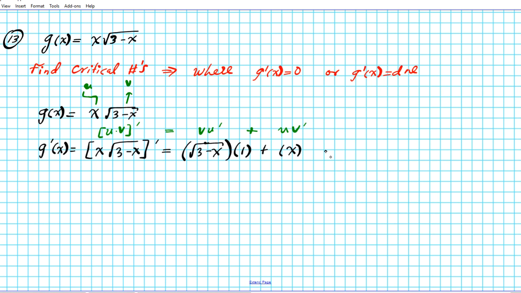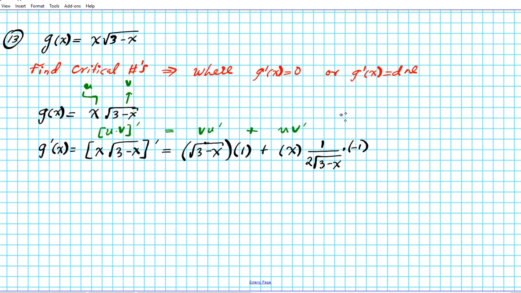So we're going to have to use the chain rule here. If we differentiate this using the chain rule, we're going to have 1 over 2 root 3 minus x times negative 1.